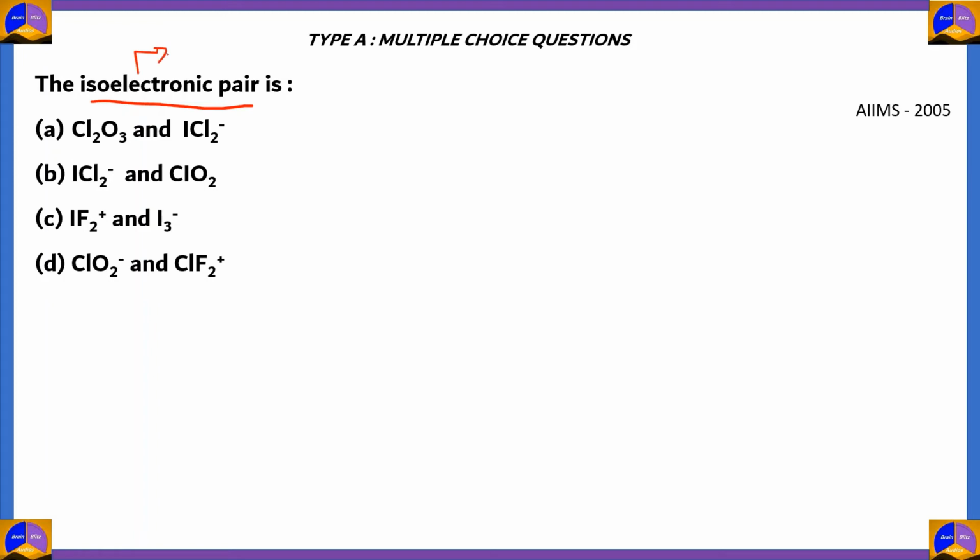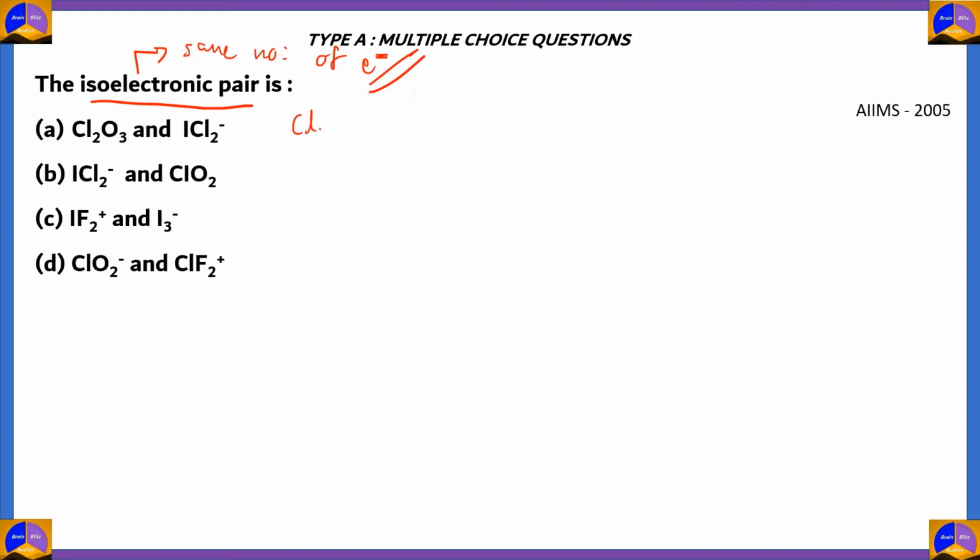Isoelectronic means that both these species have the same number of electrons. Let's look at each option.